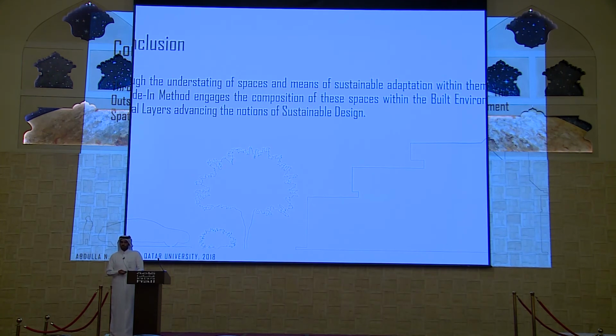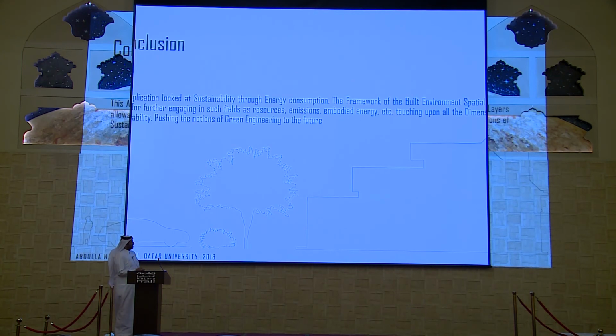It was taken through a precedent of the vernacular architecture, so how these people dwelled back in the day. And it only looks at the energy benefits here, but if you push it forward, you could easily put it into resource consumption and CO2 emissions, which is a great ideology to push forward the thinking of green engineering.